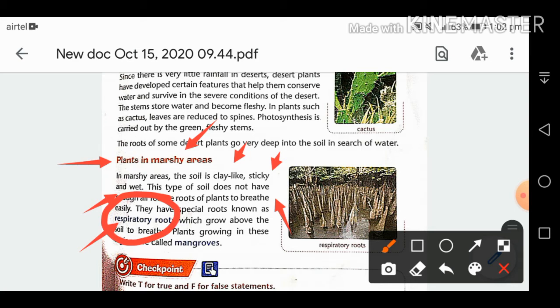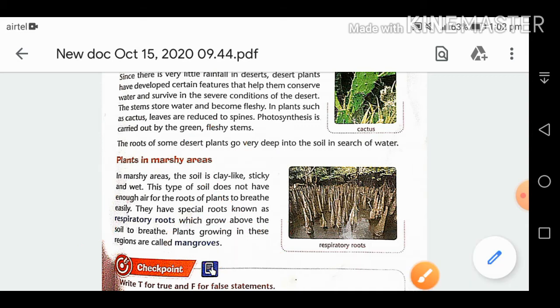They help the plant to breathe and grow in these areas. The plants which grow in marshy areas are called mangroves. So they have a special name, that is mangrove plants.